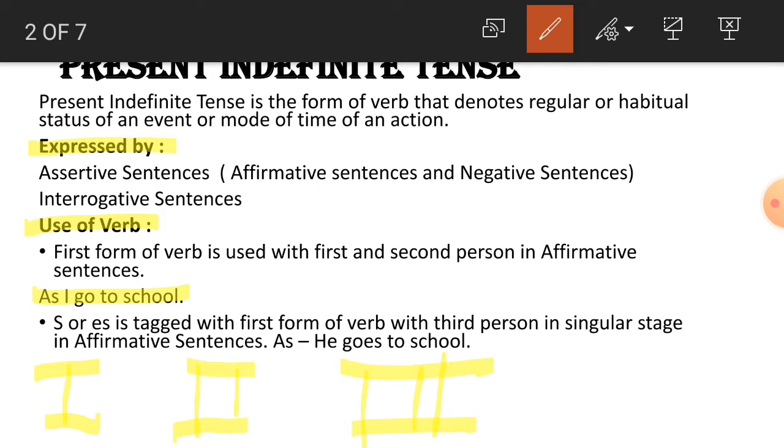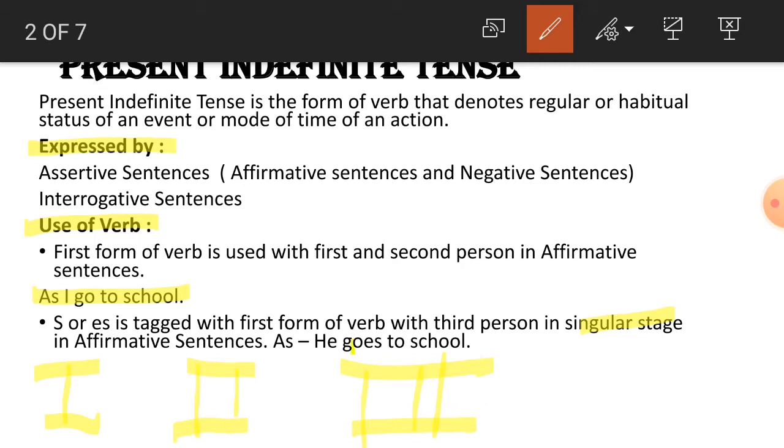Second, s or es is added with the first form of verb with third person in singular stage in affirmative sentences. Students, this one is very important. It means when a subject is third person but in singular stage, we can use s or es with the first form of verb. As: he goes to school.